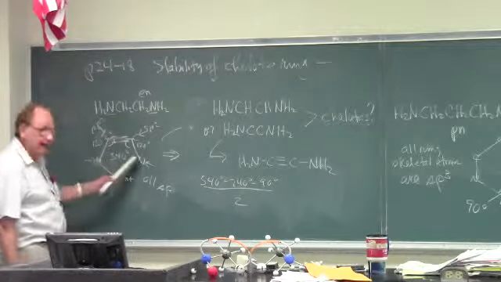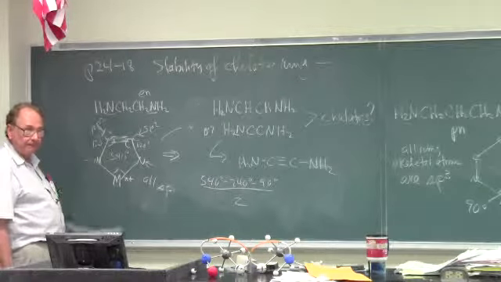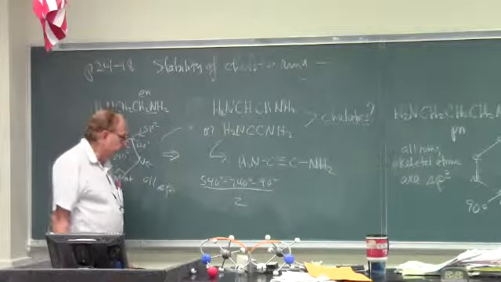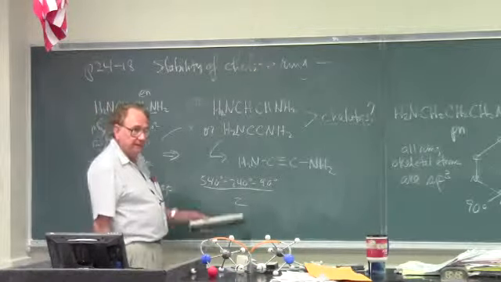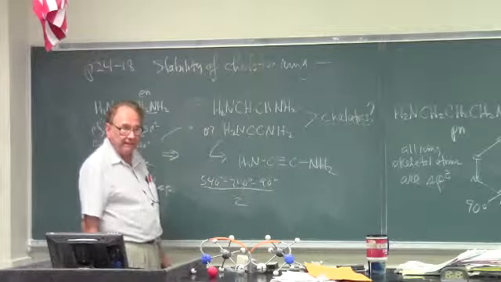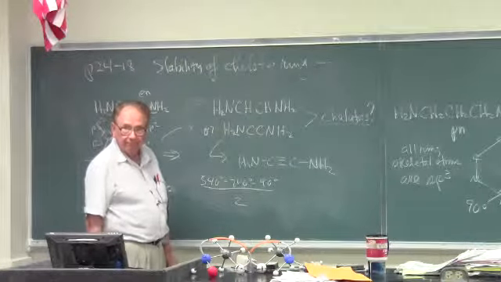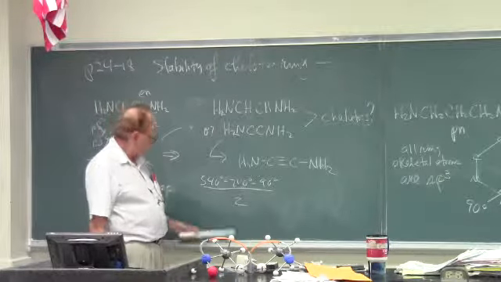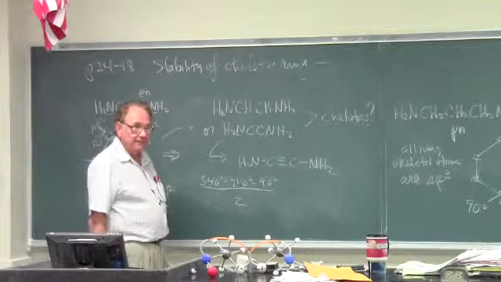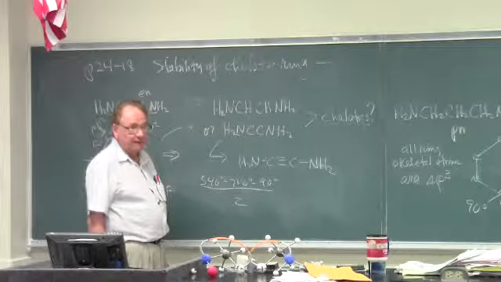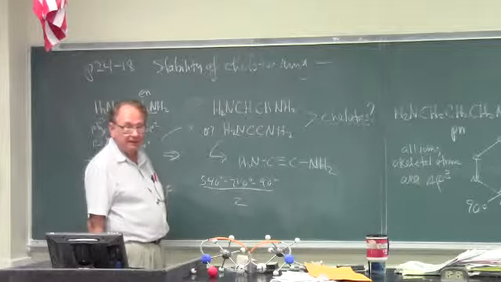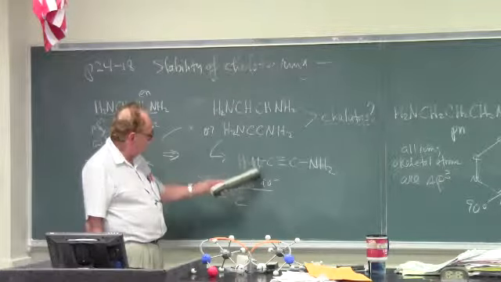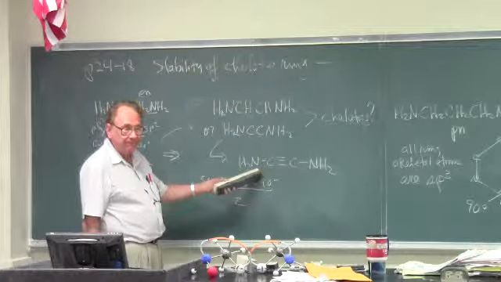Divided by the 2 remaining bond angle sites. What's this going to give me? 300 less 90, 210, divided by 2, 105. Now I'm starting to get a little bit of ring strain. And when I get to this, impossible.